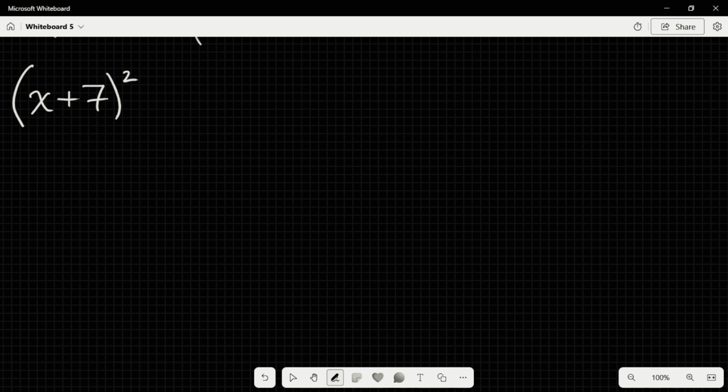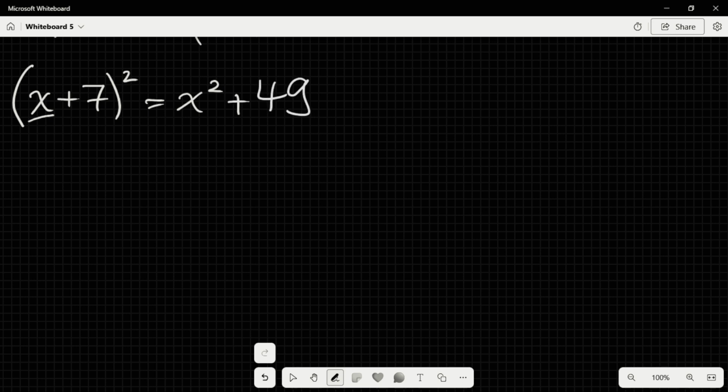So we have x plus 7 all of it squared. Now x plus 7 all of it squared is a plus b all of it squared. It has the same exact form as this. So let's go ahead and expand it that way. a squared, in other words x, when we square it, is going to become x squared. 7 squared is 49.